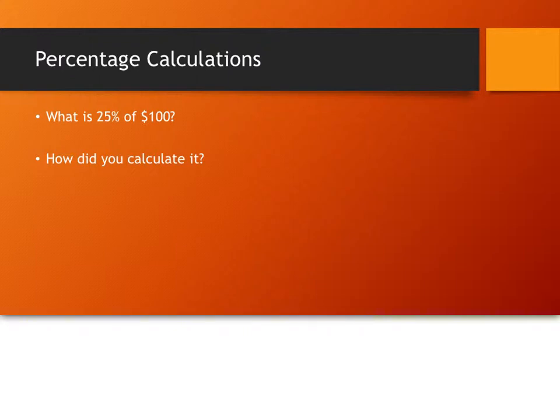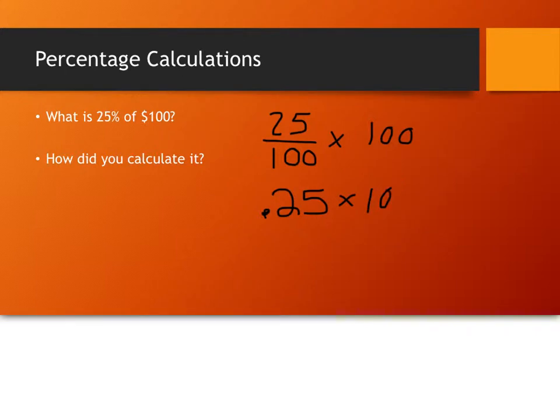It's a multiplication process that most everybody has seen before. Now, when I say 25%, you can think of that as 25 over 100, or you can think of that as 0.25. Either way, you're going to multiply it times the $100, and either way, you're going to see that 25% of 100 is $25.